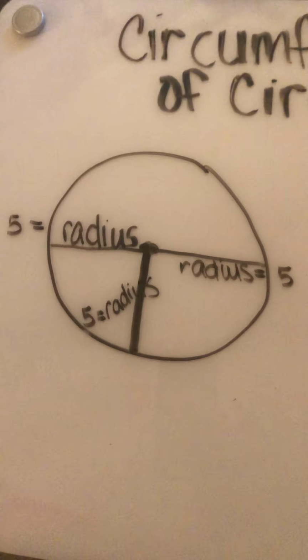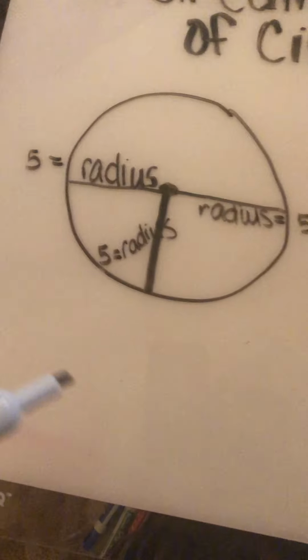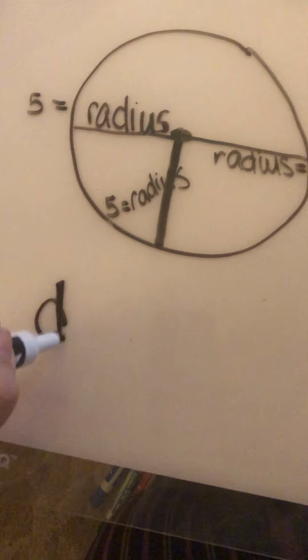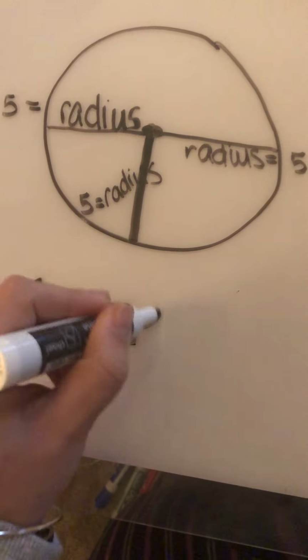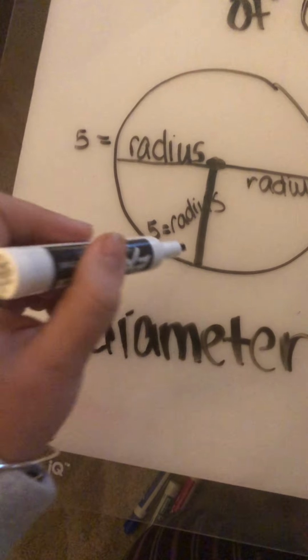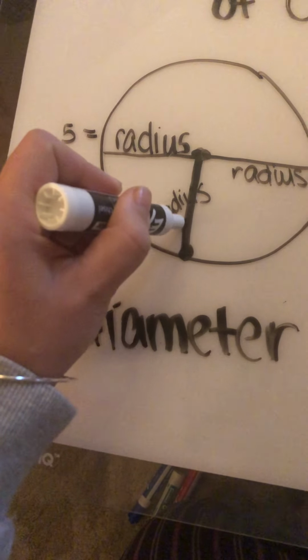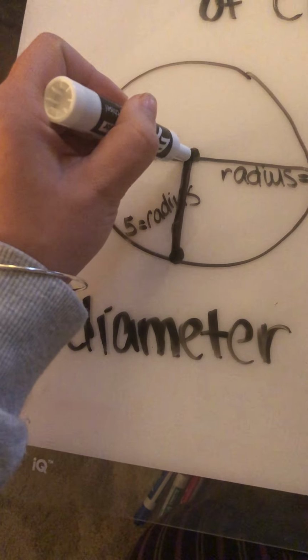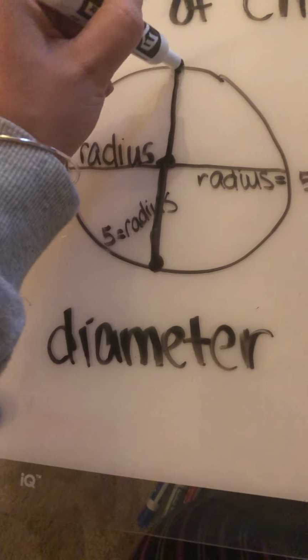Okay, so the other vocabulary word you learned was diameter. Okay, and diameter goes from one side of a circle through the center and goes to the other side of the circle.